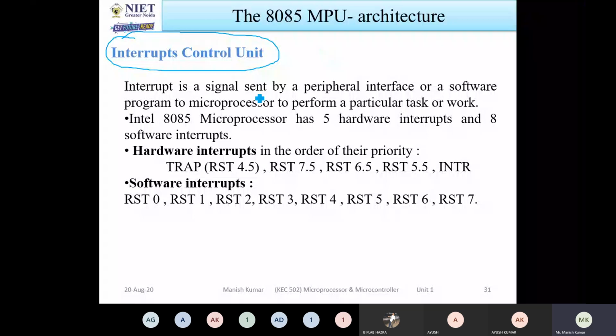Okay. So what is the basic benefit of using interrupts?